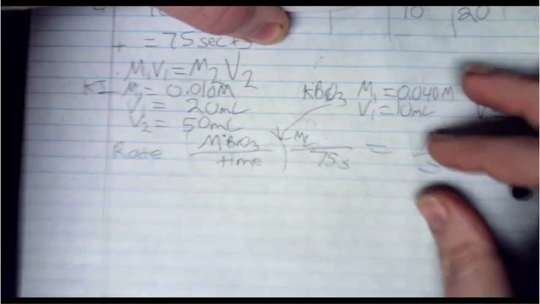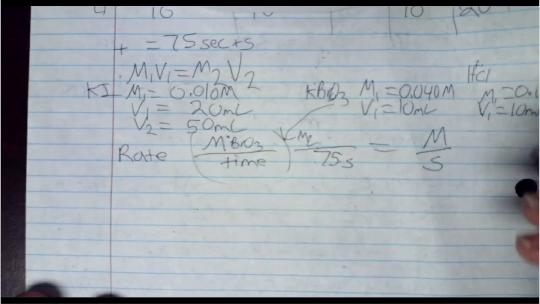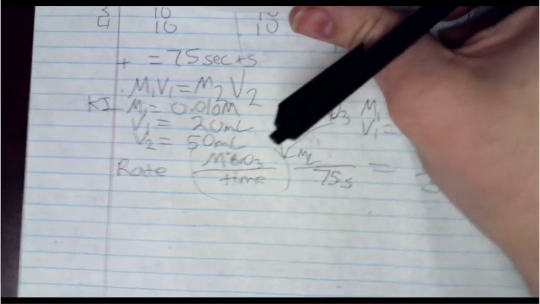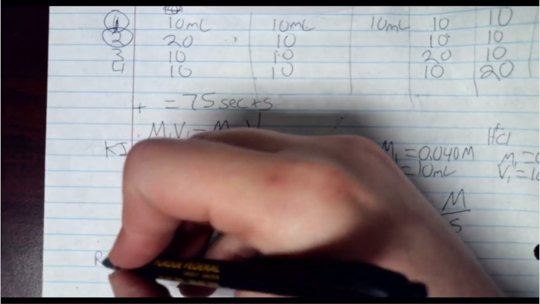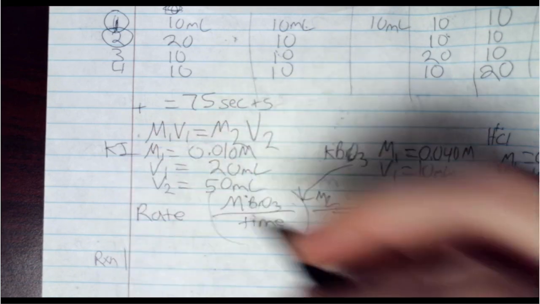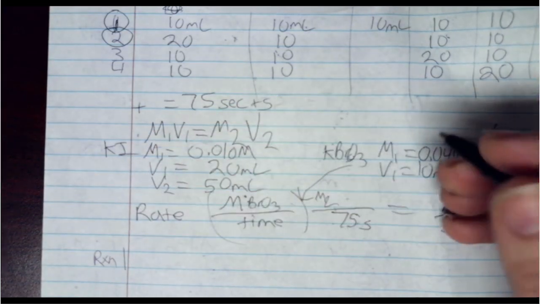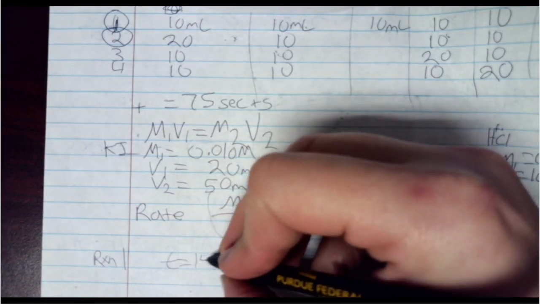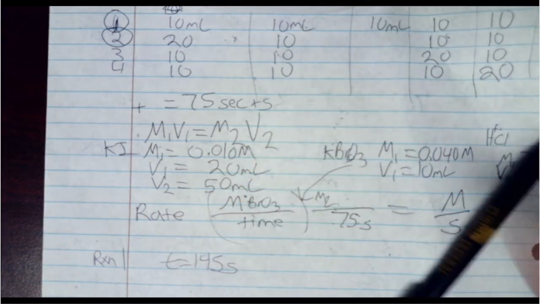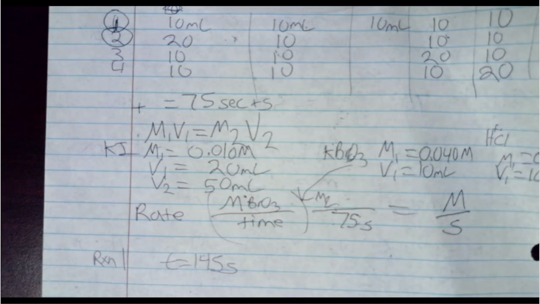So, with that in mind, they want us to look at reaction 1. If reaction 1, the mixture 1, took the time of, I think, 145 seconds, how would that have changed things?